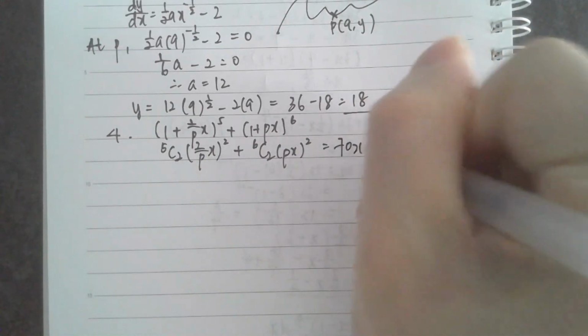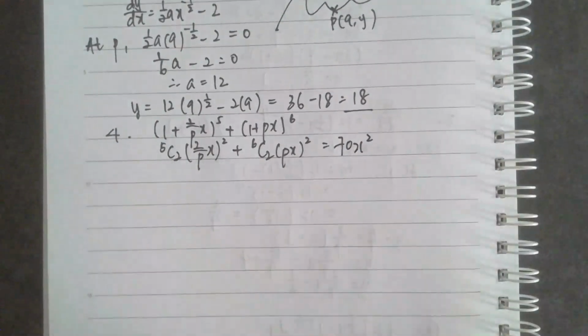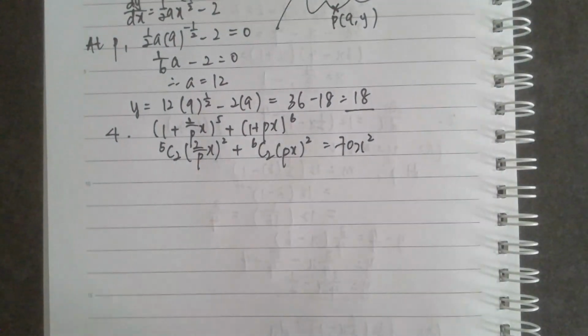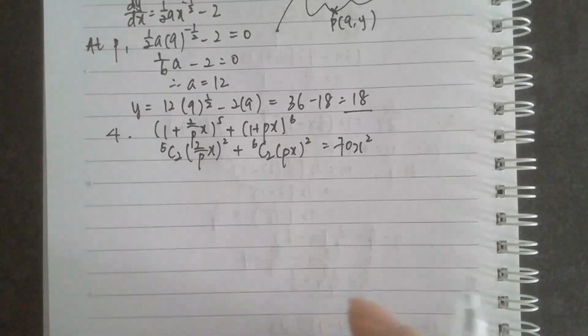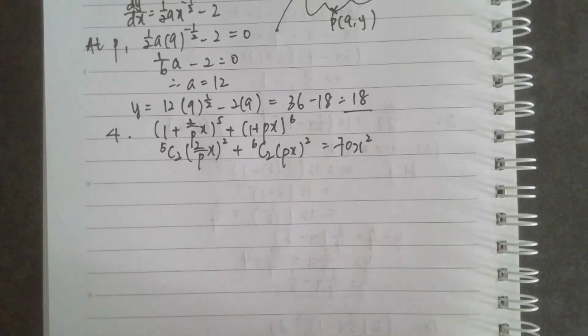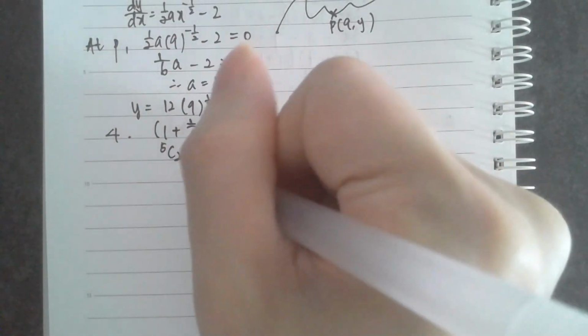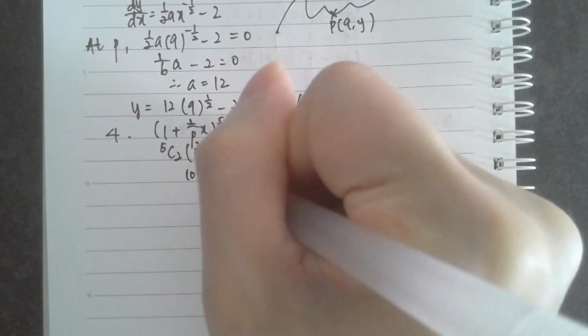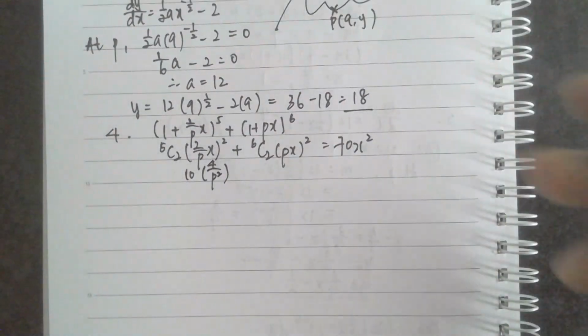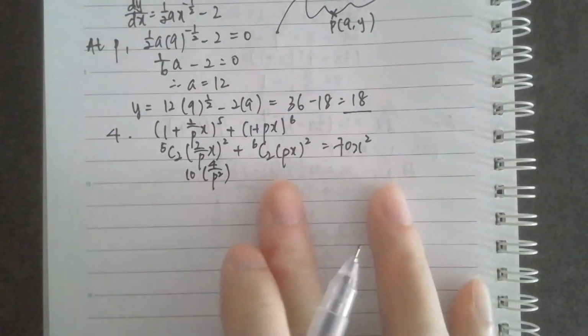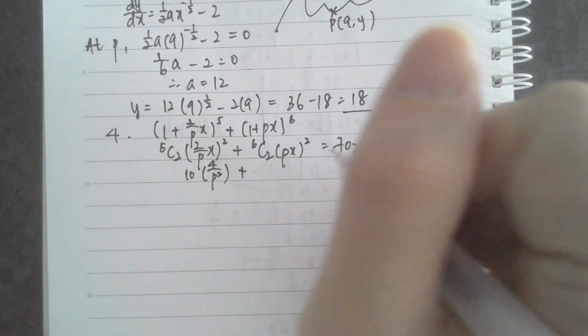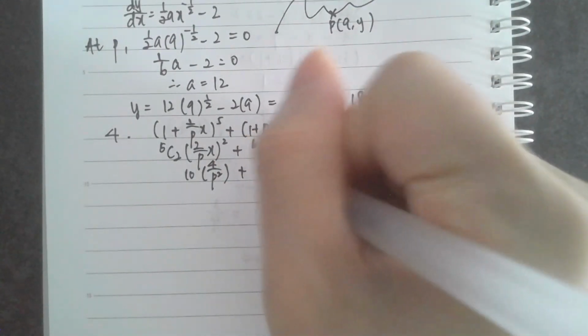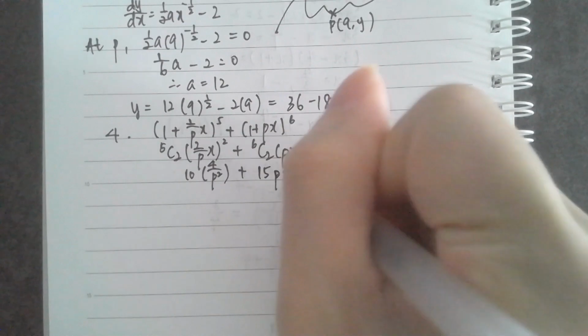So I can just equate this to 70 x squared. Mathematically, expanding this, 5C2 is 10, and squaring, you get 4 over p squared. I can drop the x squares now because I can just focus on the coefficients. And 6C2 I believe is 15 p squared, and that gives you 70.